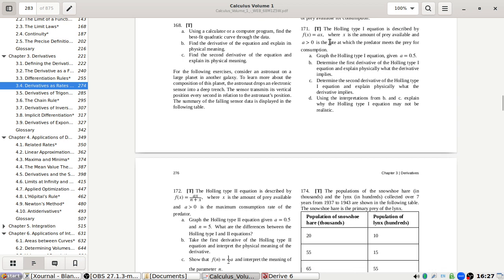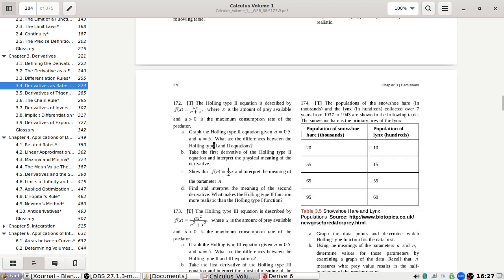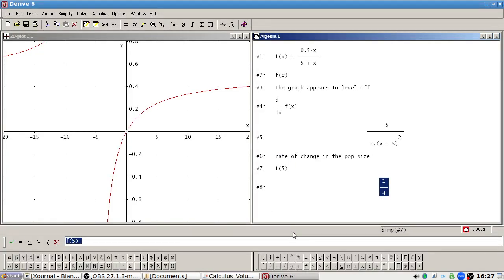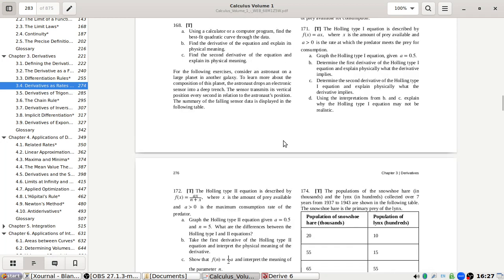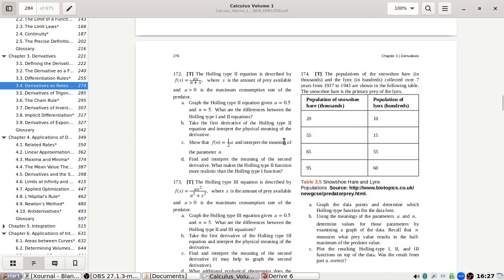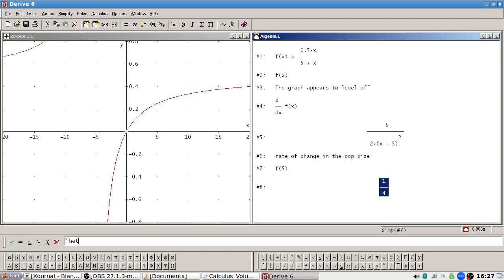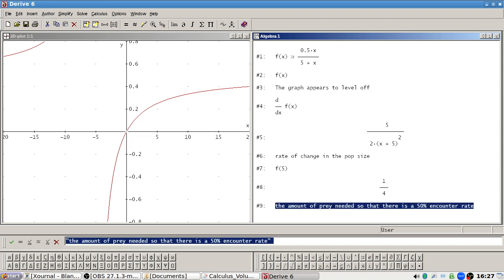A is the rate at which the predator meets the prey. And what's x again now? x is the amount of prey. So this would be the amount of prey needed so that there is a 50% encounter rate.